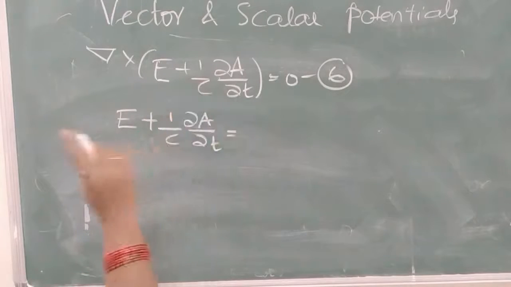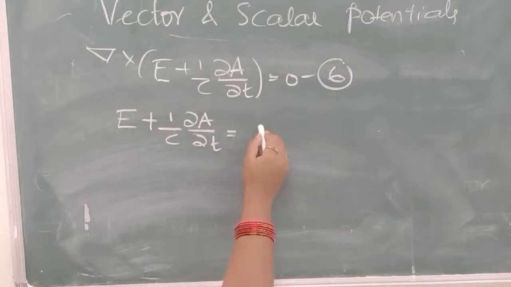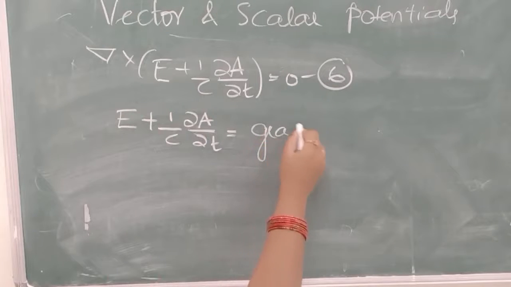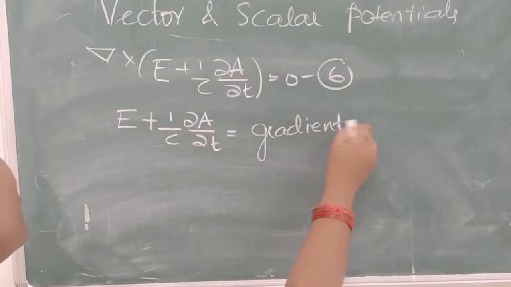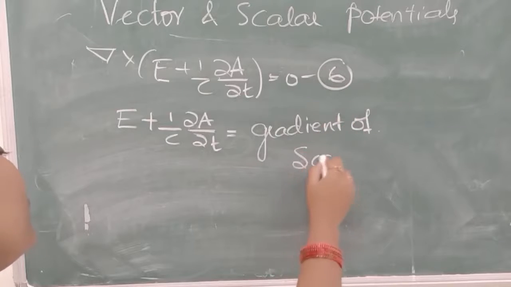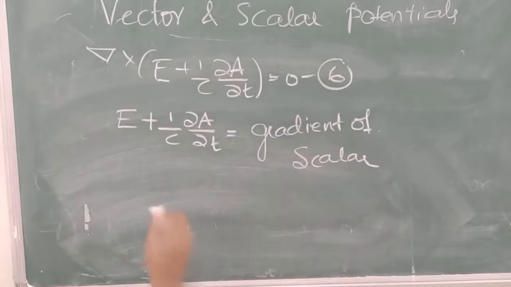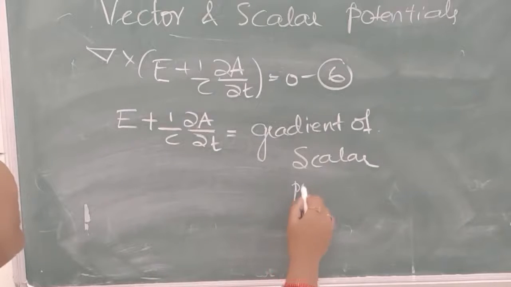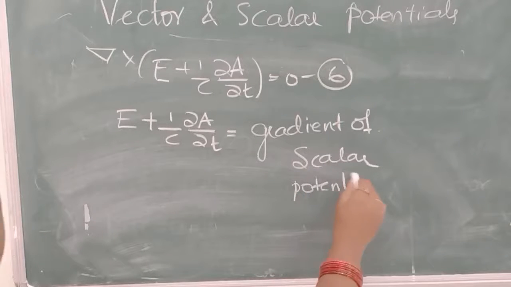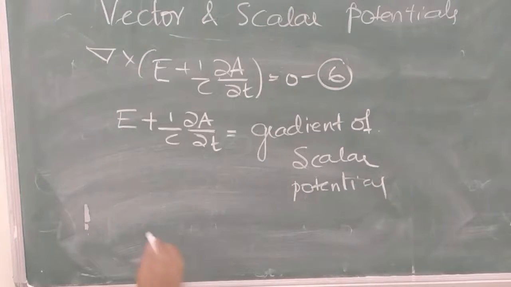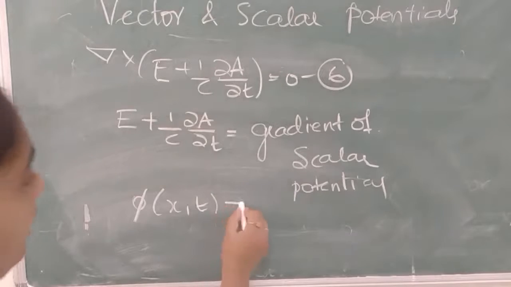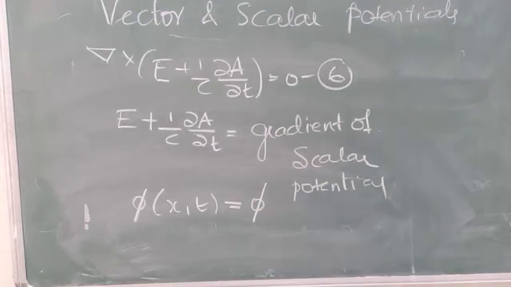that term here is called the gradient of scalar potential, and this is given by phi of x comma t, or simply it can be written as phi.